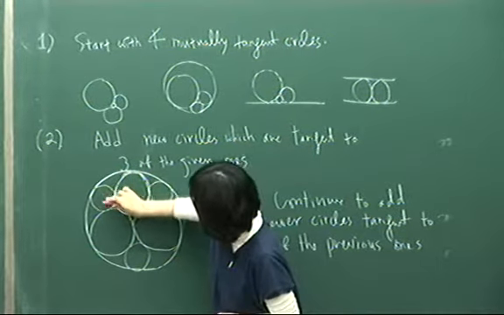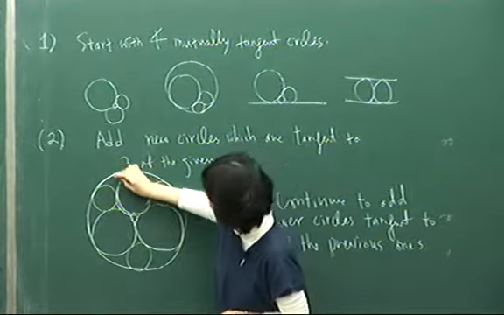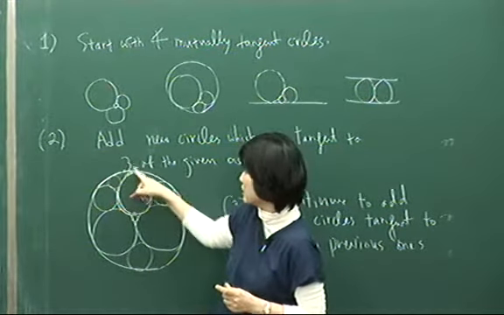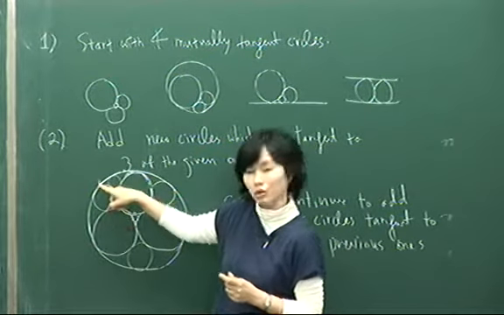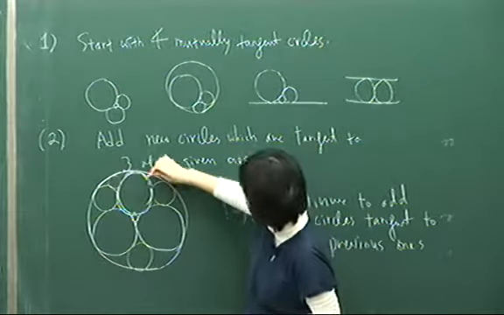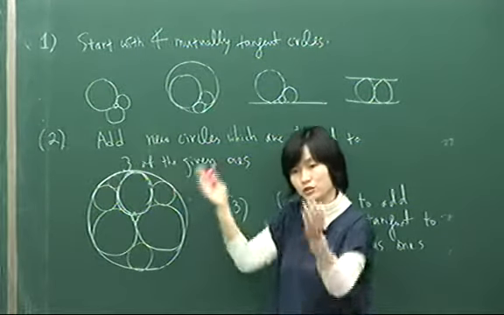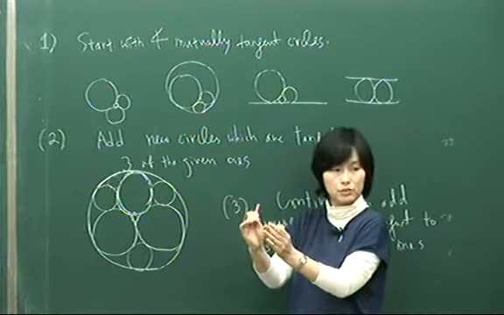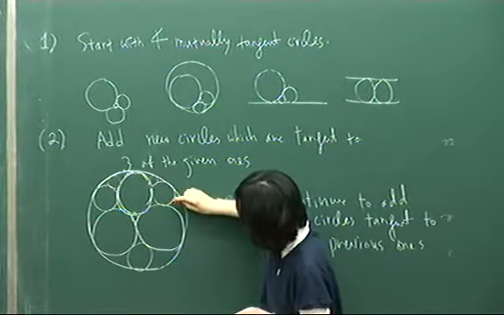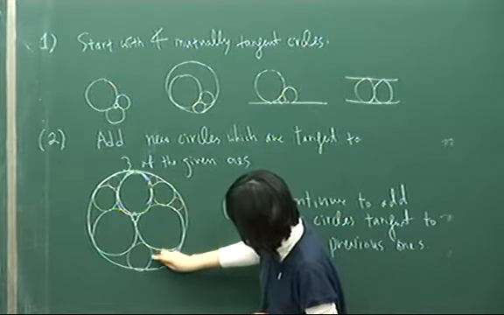So again, 1, 2, 3. For these 3 of them, we can draw this circle. This circle is tangent to these 2 white ones and then this yellow one. So this one is tangent to 3 of the existing circles, so I can add this. And for each triangular region, because the triangular region has 3 sides consisting of 3 tangent circles, I can add a newer circle.